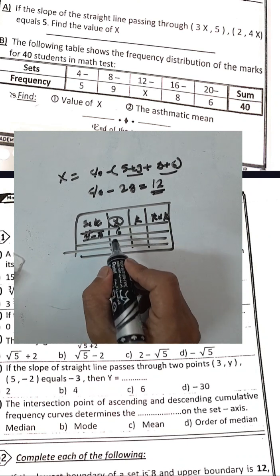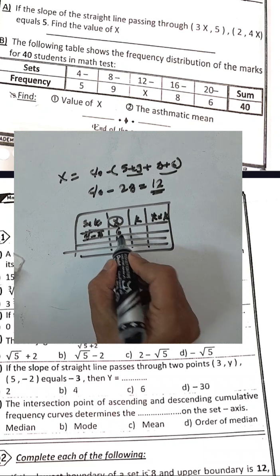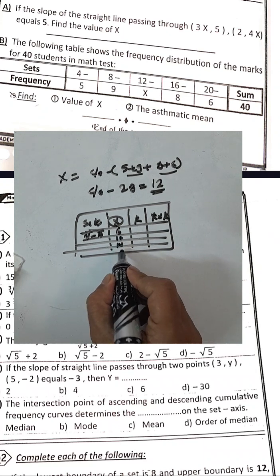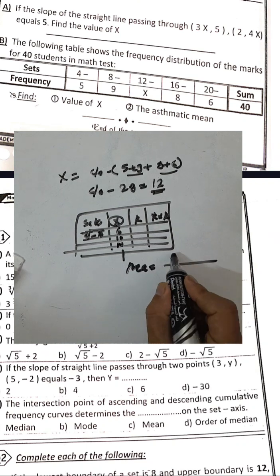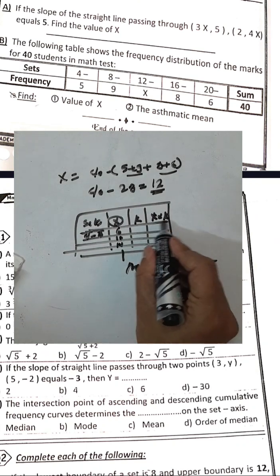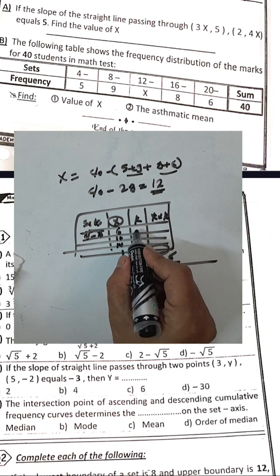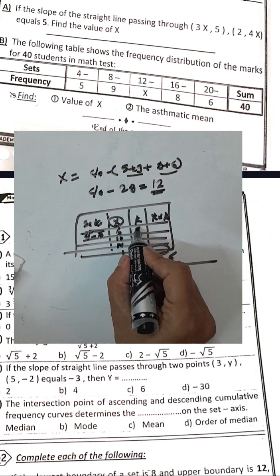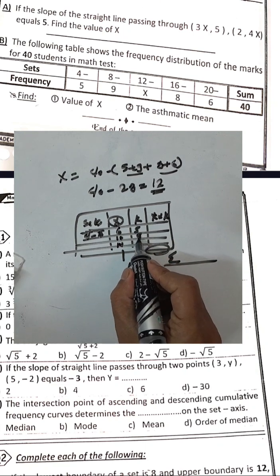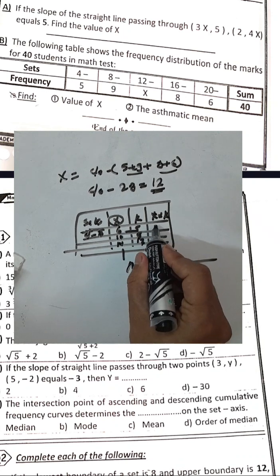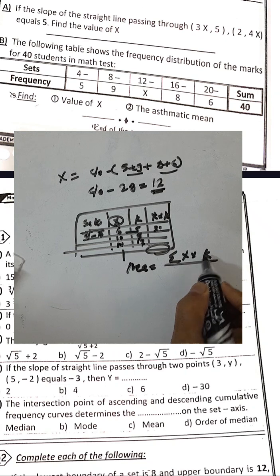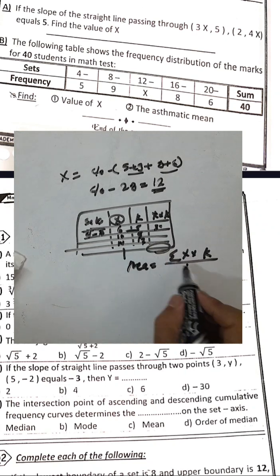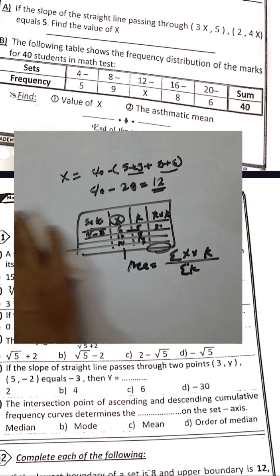And all the time plus 4, 10, 14 and so on. And then you can write the mean. Find the sum of x product by k. We have k here in this example 5, 9 and 12 and so on. You can multiply them here and complete to find the mean: summation of x times k over summation of k. This is the mean for this example.